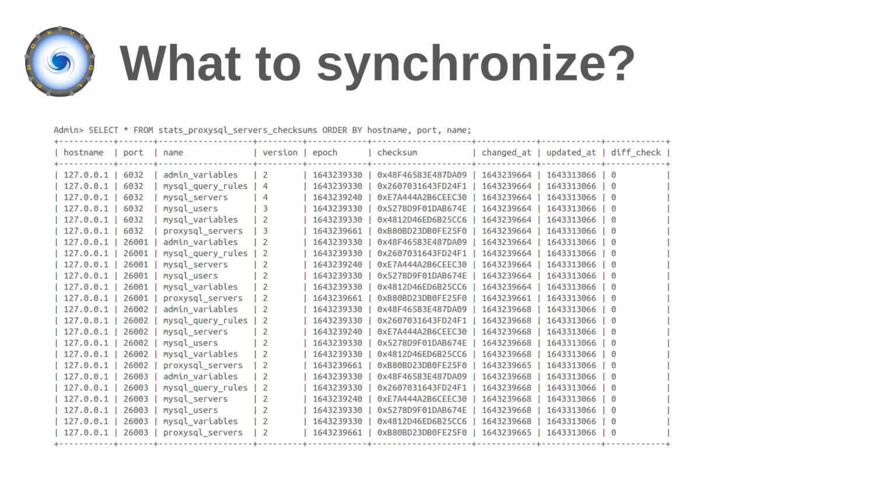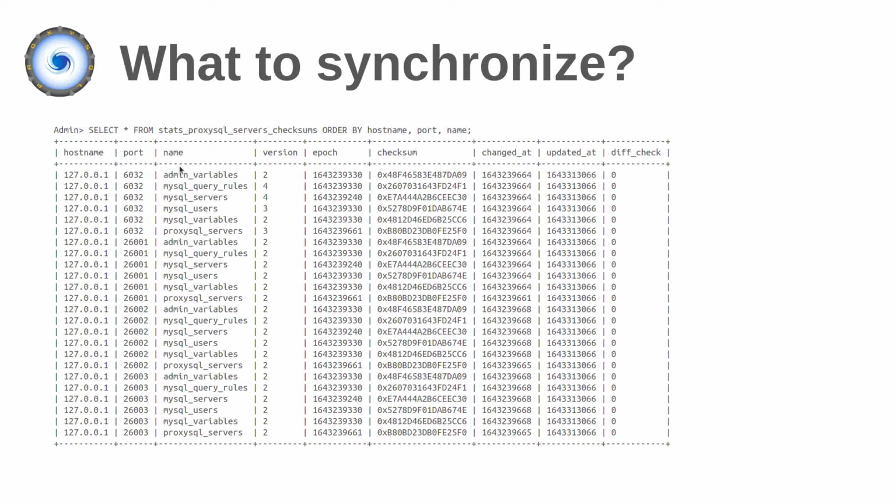So in ProxySQL, we have configuration in tables, but we also have statistics in tables. We have a table dedicated to showing the status of the cluster, specifically how the configuration is in the cluster. The table is called stats_proxysql_servers_checksums. Here you can see that for each node in the cluster, you have the hostname and the port.